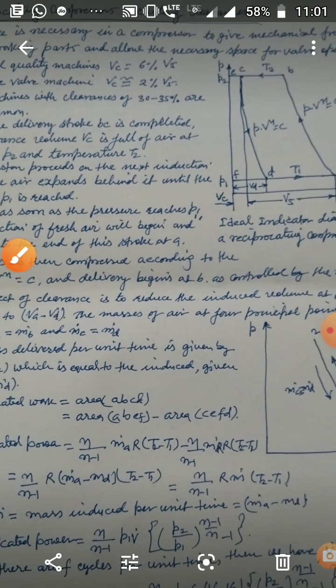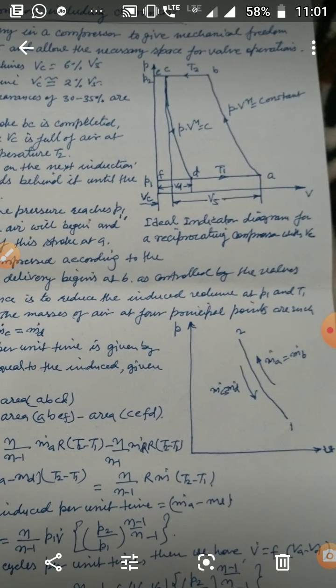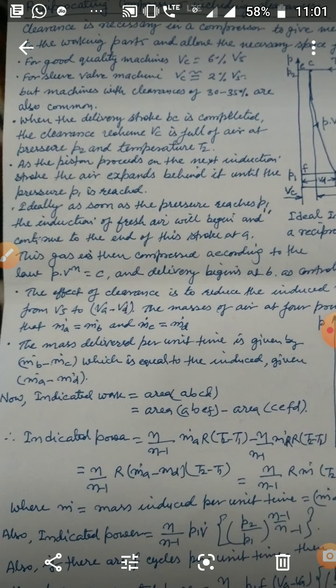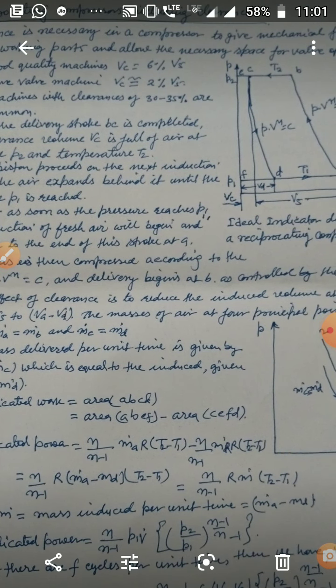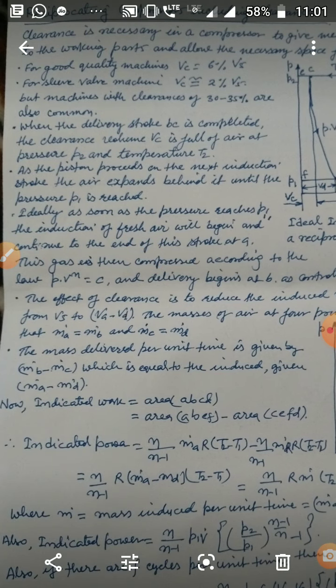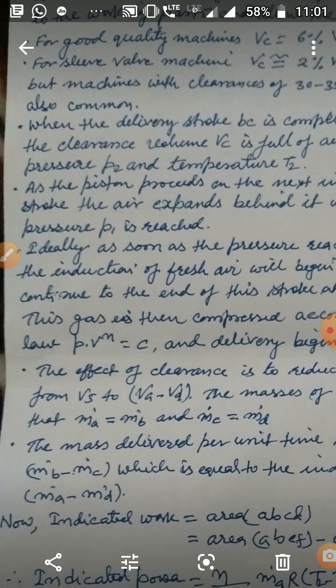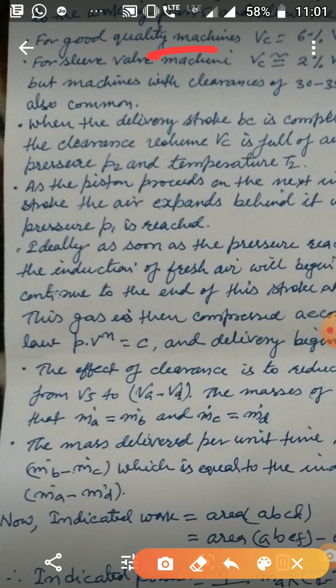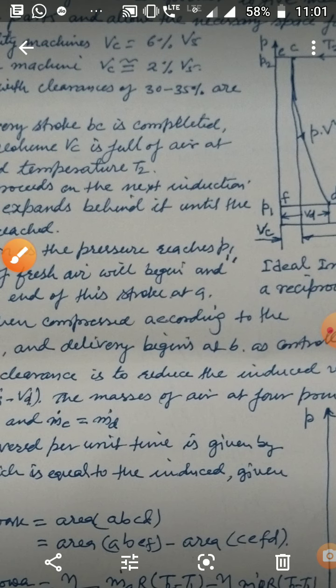So now we will discuss the reciprocating compressor including the clearances. Clearance is necessary in a compressor to give mechanical freedom to the working parts and allow the necessary space for the valve operation. Without clearance, the operation of the compressor is not possible. For good quality machines, the clearance volume is 6% of the swept volume.